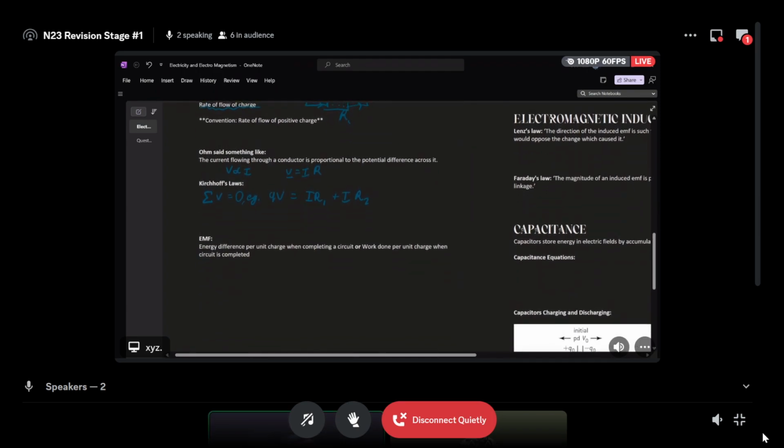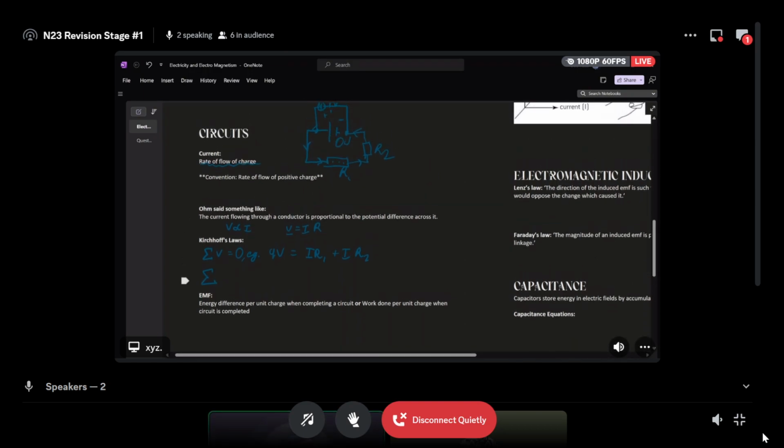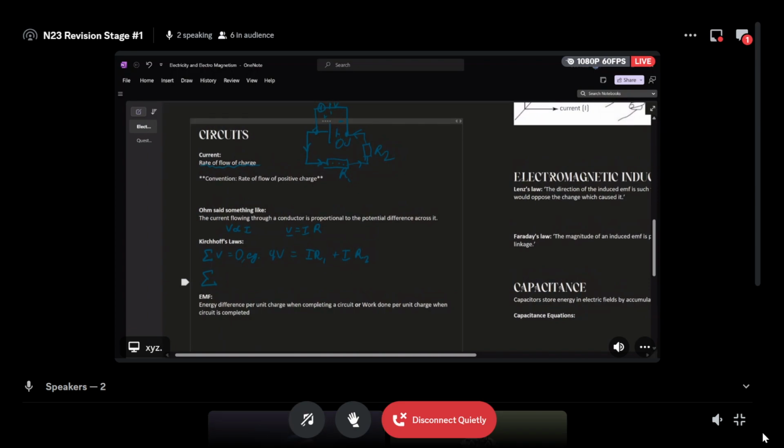That's our first law. And the second law is, and keep in mind, this can be applied to any loop. So any loop you can form in a circuit, say you have a parallel circuit that looks something like this.